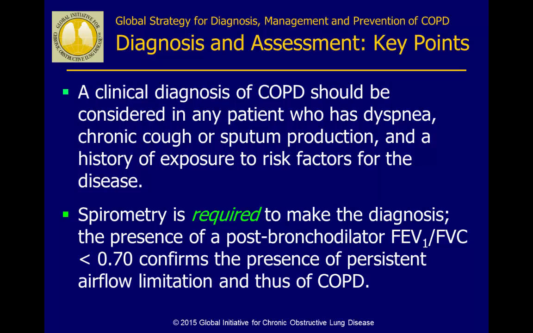So FEV1, which is the volume of air forcibly expired during the first second after taking a full breath, is decreased. And the forced vital capacity, which is the total volume of air expired with maximum force, is decreased. So the ratio again is less than 0.70, which is 70% or less.